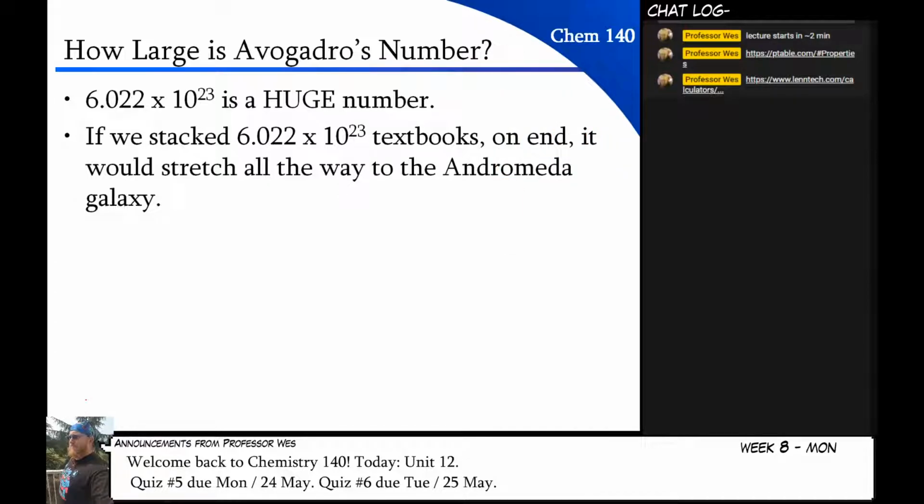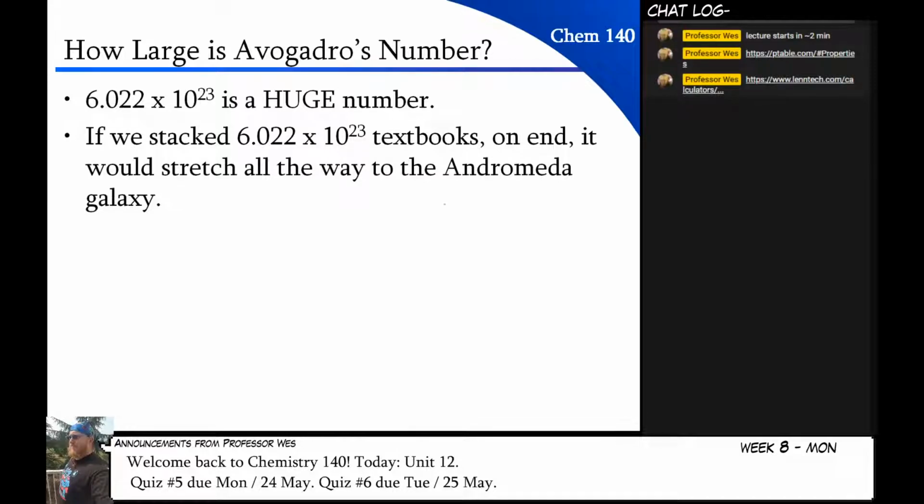Which is real far away. You think interstellar travel is difficult. Try intergalactic travel. And yet our paper would reach that far. I've written textbooks here, but textbooks are the same. Same height, more or less, as a sheet of paper. And that's because this number is so humongous.